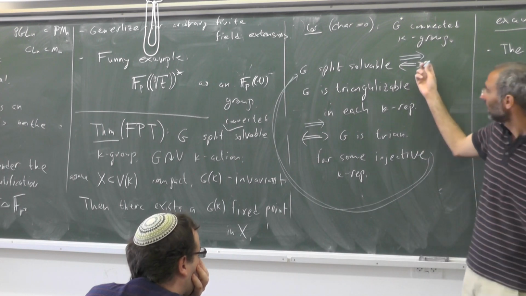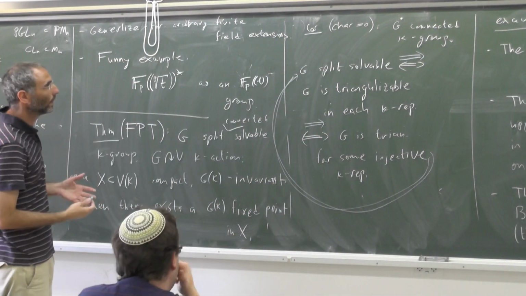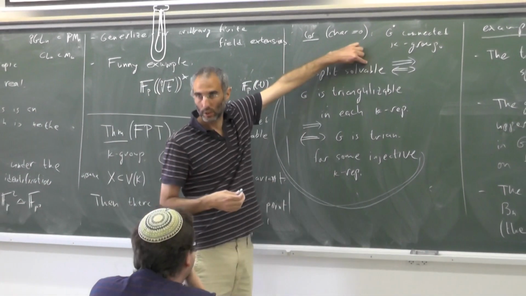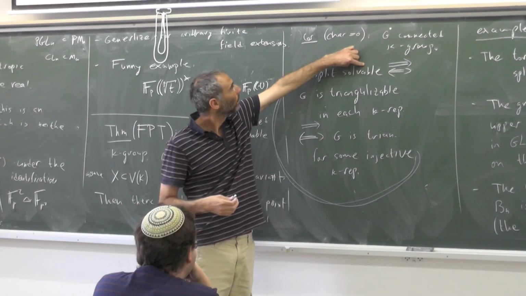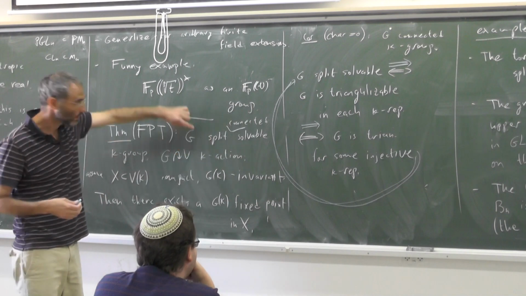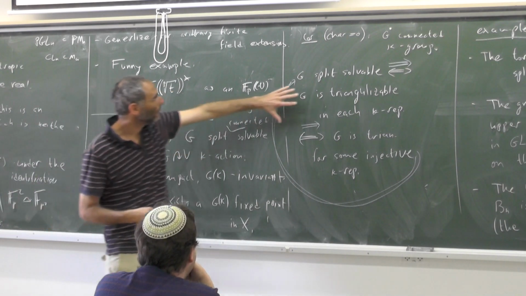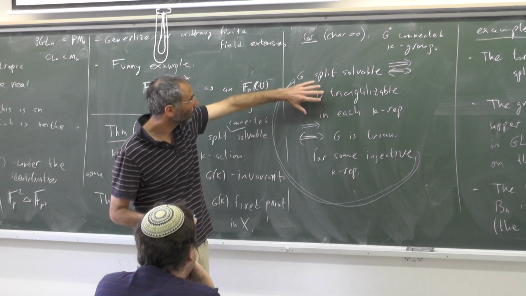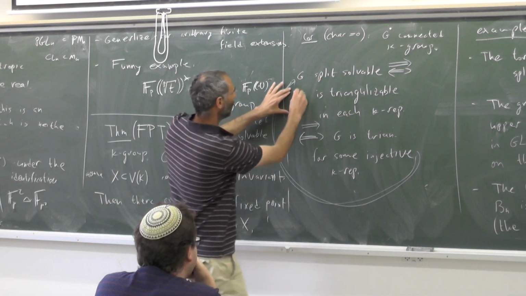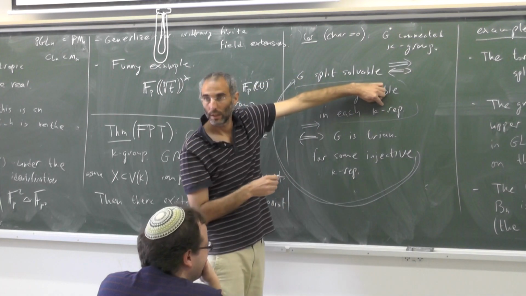Yes, so I will take here, assume G splits over K. So it's a K group which is connected and splits over K, so it fits into the assumption of this thing. And assume I'm having any linear representation, I'm trying to prove now this piece.